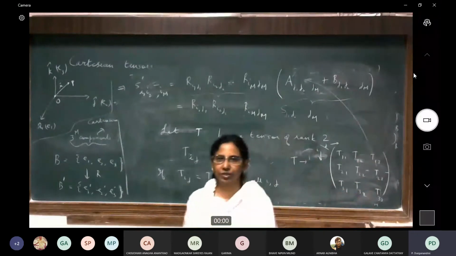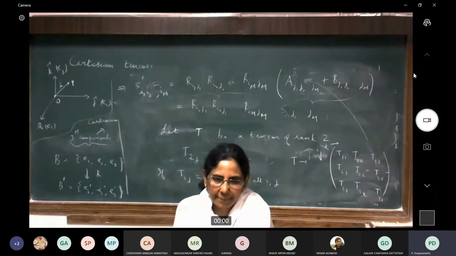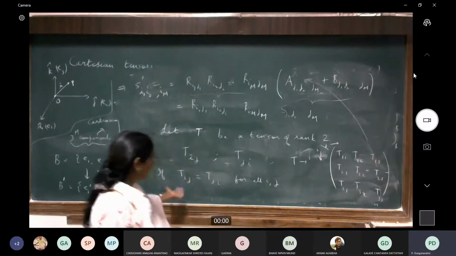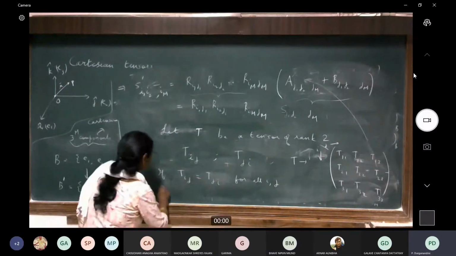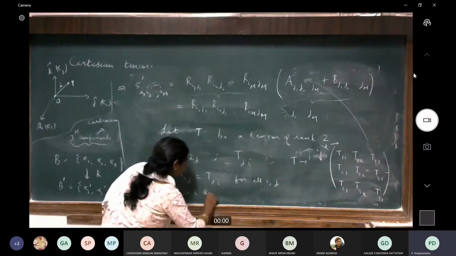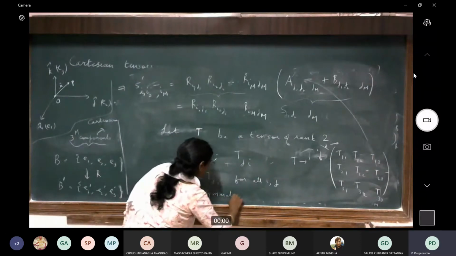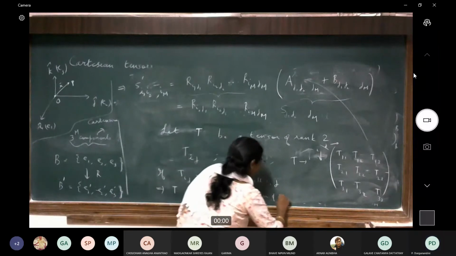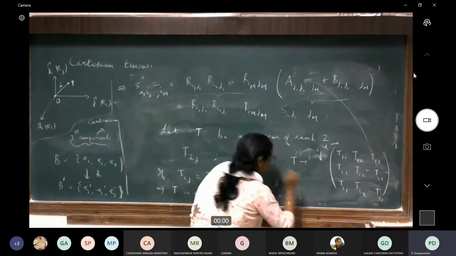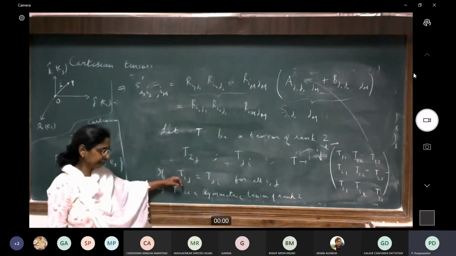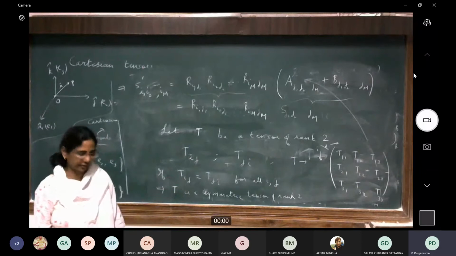Then what would you call this matrix? Yes. So if this is true, then I will say that T is a symmetric tensor.